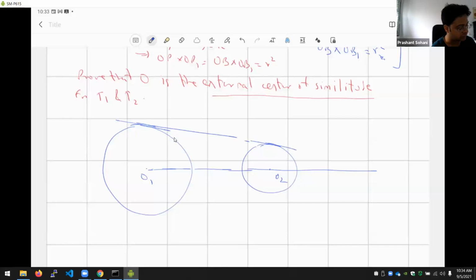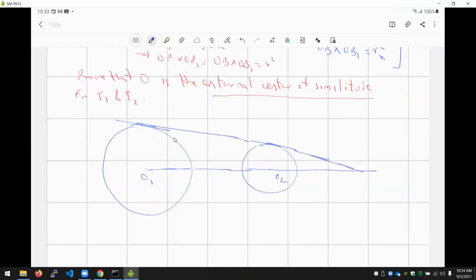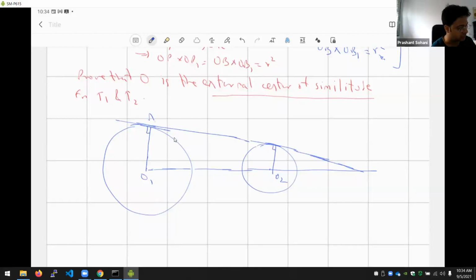Do you know the construction for this with ruler and compass? No. Okay, you can revise it from somewhere. But suppose I draw the external common tangent and let it meet the line O1O2 at some point T. Then what can you say about the ratio O1T upon TO2?